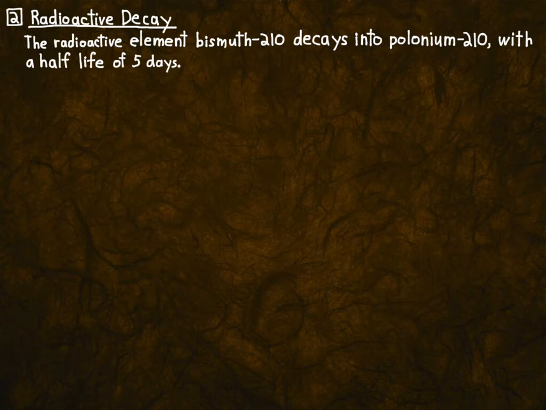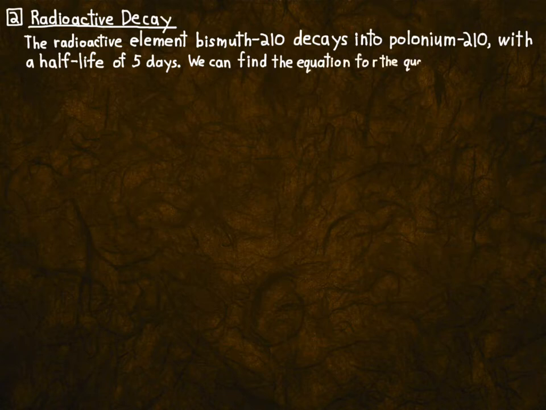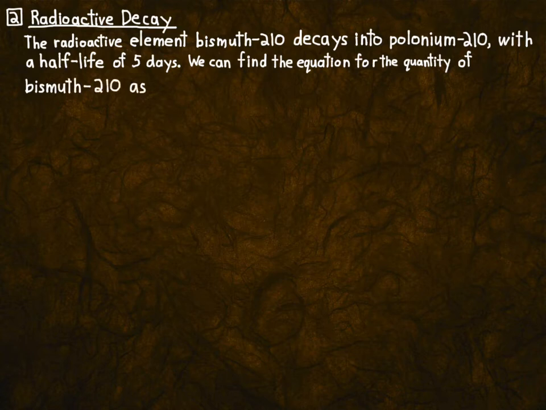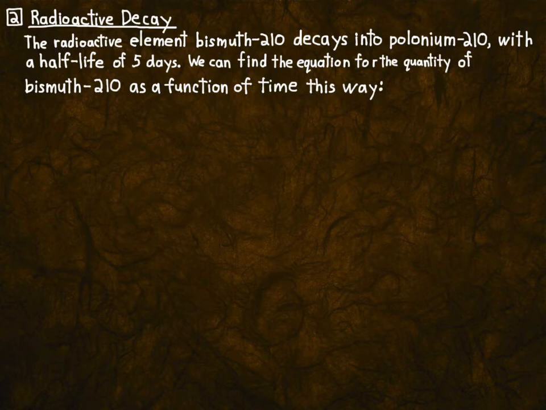So I picked a real example with a very short half-life, 5 days. We can find the equation for the quantity of bismuth 210 as a function of time this way.